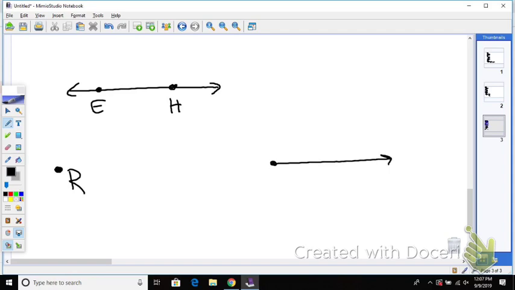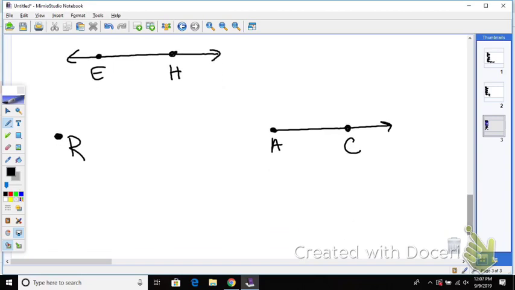I want you to draw these things. On page 4, guys. So it's on the other side where you haven't taken notes. I want you to draw these 4 things.